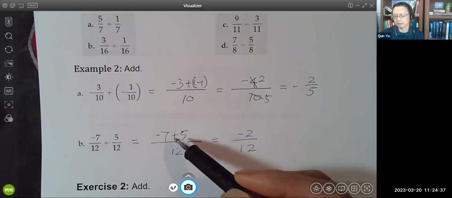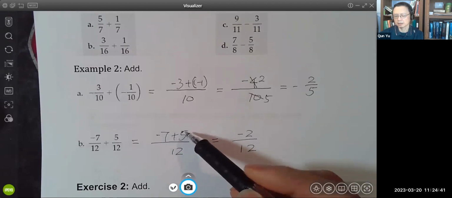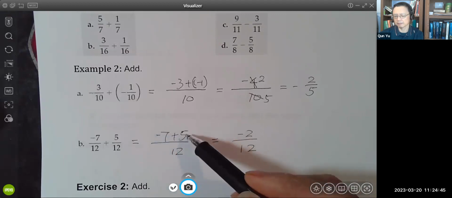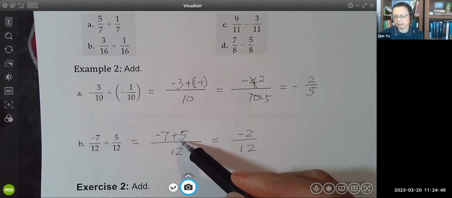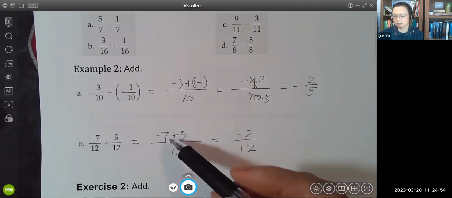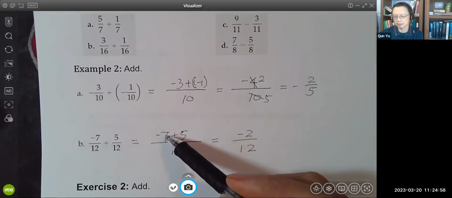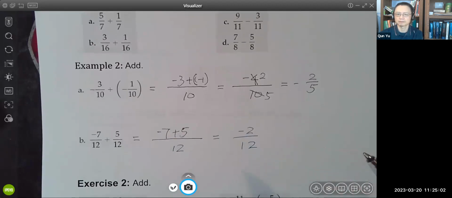Whenever you add numbers of different signs, they go in opposite directions. One is negative, one is positive. As a result, the one with smaller size gets canceled. You get the leftover from the one with bigger size. So we get leftover from 7. 7 is negative. That's why the leftover is also negative.